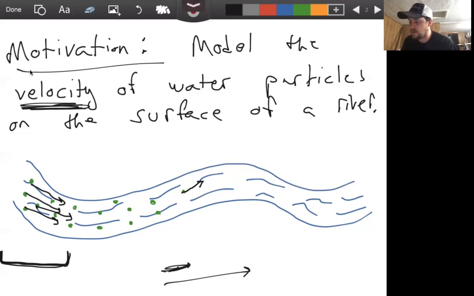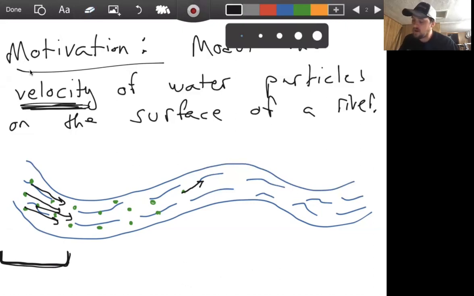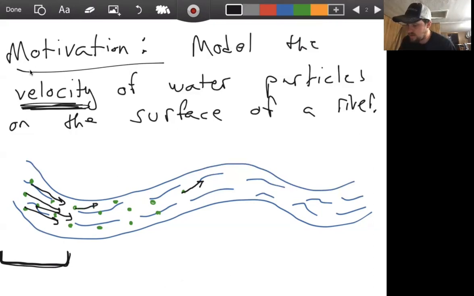And so what shorter arrows would indicate in this setting is lower velocity. And so say here the ground either levels out or it actually has to climb just a touch, right? And so maybe your particles slow down at this part of the river. And so your velocity vectors here are smaller. And you can do this at every point along this river.